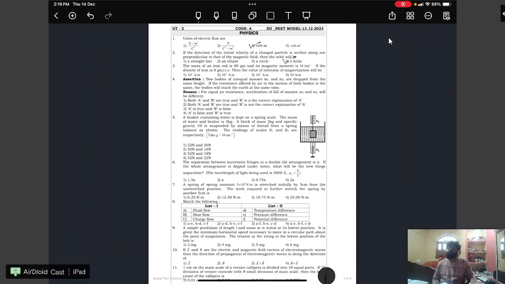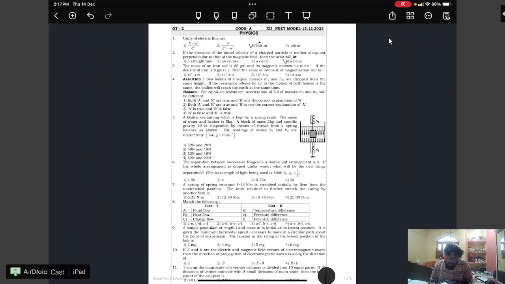When the velocity of the charged particle is parallel to the magnetic field, the path is a straight line. When it is perpendicular to the magnetic field, a circular path will be there. And when it makes angle theta with the magnetic field, a helical path will be there.